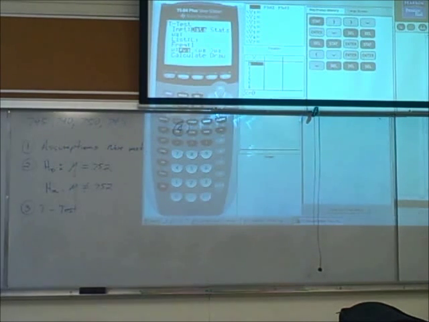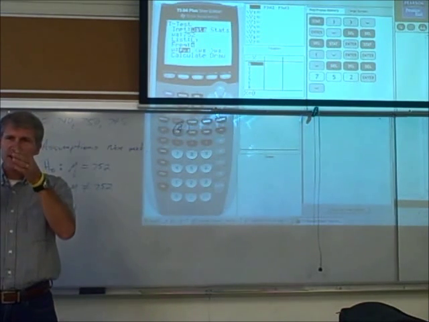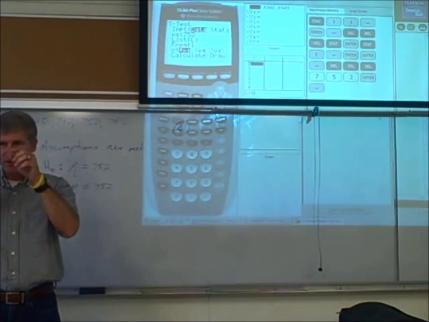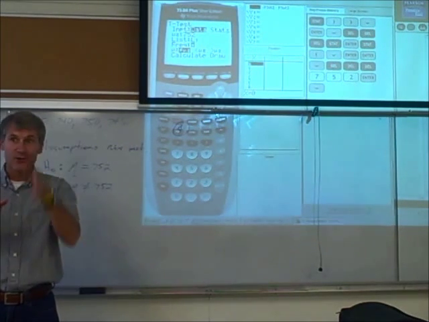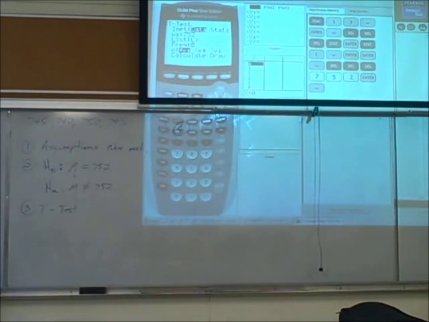If you do that, you'll get really bizarre results. So put in 752. Tell it that your data is in L1 if that's where you put it. The next line says FREQ, that's short for frequency, and that's what you would use if you had, like in a frequency table, values in L1, comma L2, but we're not going to do any like that, so just always leave that as a 1.